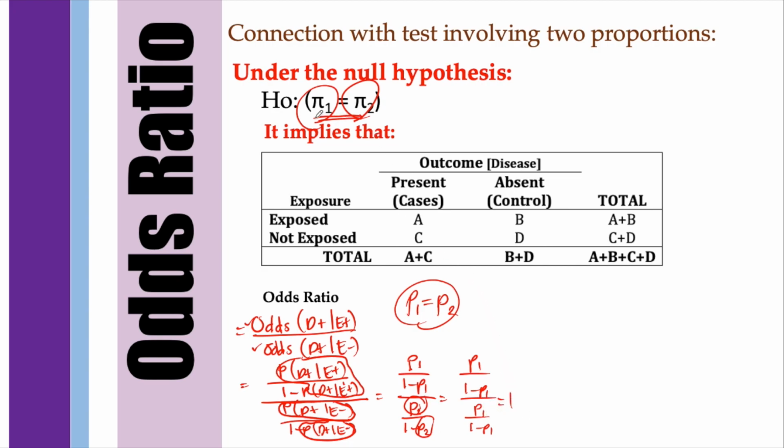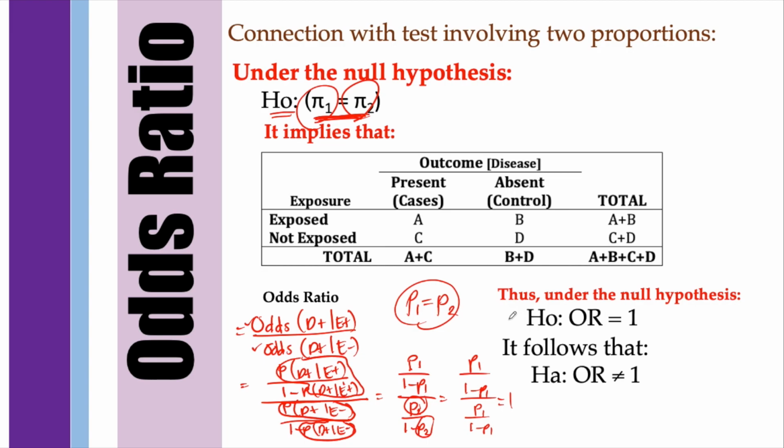So if the two proportions are equal, the odds ratio is equal to 1 under the null hypothesis. And it goes to show that if P1 and P2 are not equal, which is the alternative hypothesis, then it follows that the odds ratio is not equal to 1.